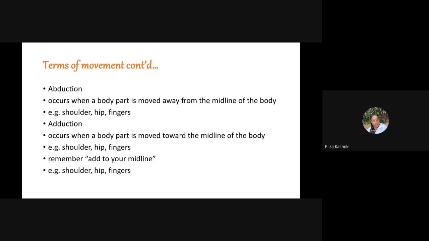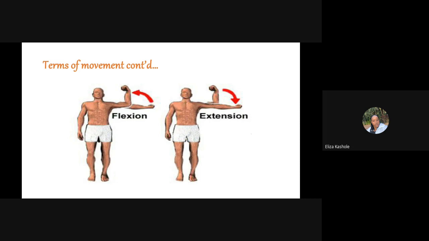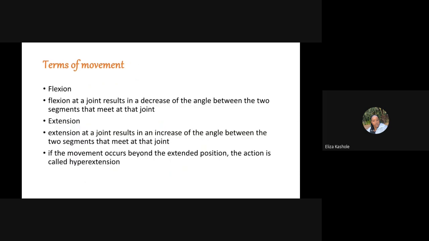So, terms of movement continued. Sir, can you repeat what you said on the extension? Okay, there are people amongst us who are so flexible with their bones, those that do more breakdance.